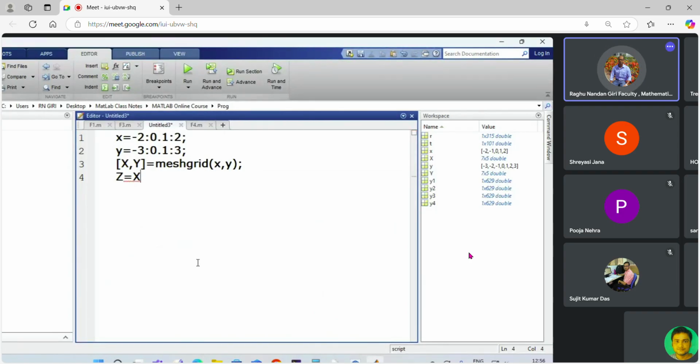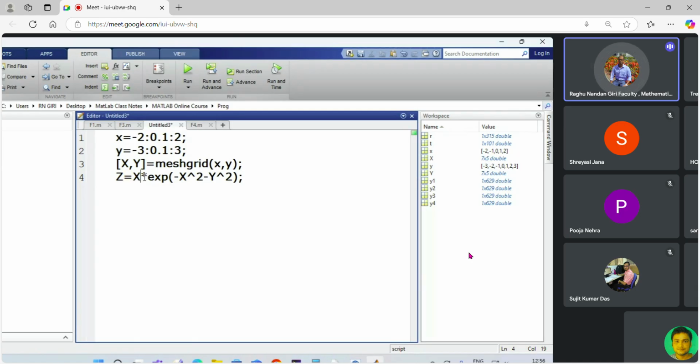Okay, x into exp of minus x square minus y square.